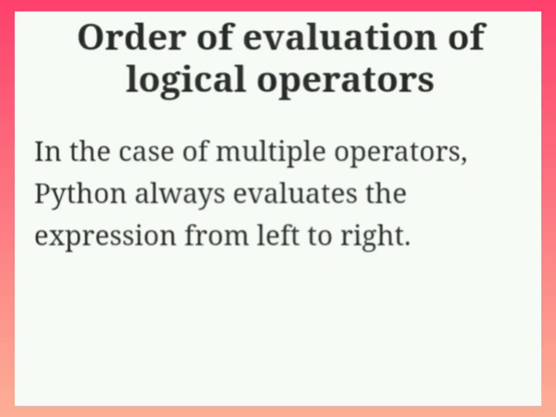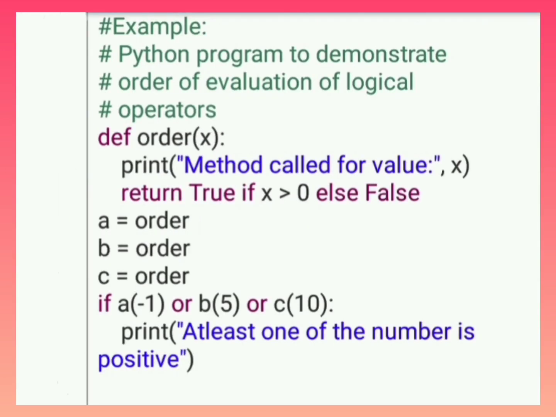Order of evaluation of logical operators. In the case of multiple operators, Python always evaluates the expression from left to right. Example: Python program to demonstrate order of evaluation of logical operators. Def order of x: print method called for value x, return true if x greater than 0, else false.